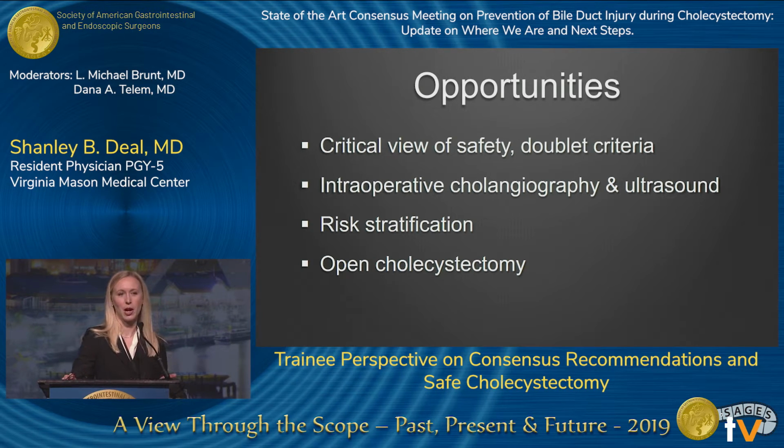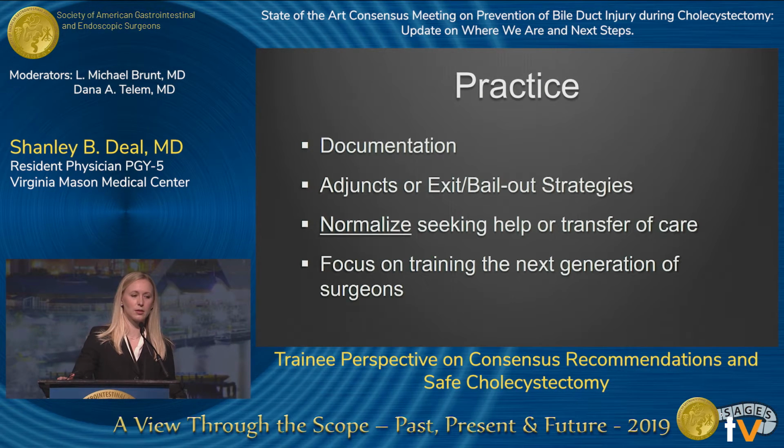So lastly, when you go out into practice, the reason for all of this and the trainee perspective is when we eventually go out, we need to be prepared for the new future technology, all of these things that are changing, and making sure that our documentation is reflective of these guidelines, as well as teaching residents how to use adjuncts, how to use these exit or bailout strategies, what should be your individual algorithm the first couple of years out in practice, and how can you develop that from there?